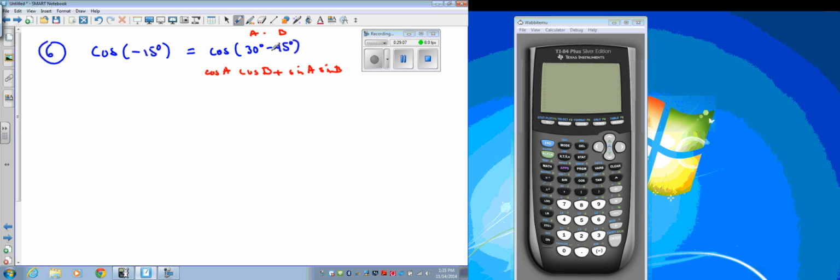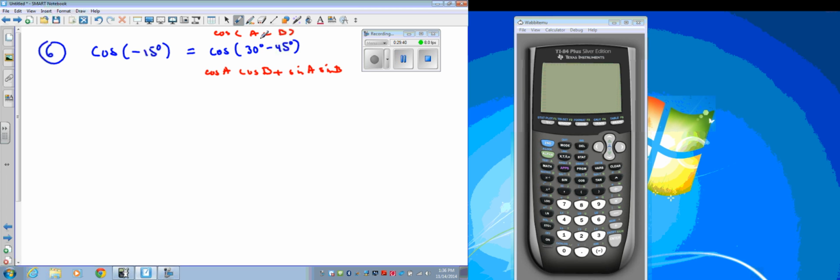And 30 minus 45 is minus 15, so that part I understand. Okay. When we go to the red, the cosine of a difference, I'm looking back on page 216 in your book, the cosine of the sum or difference: cosine A, cosine B, sine A, sine B.